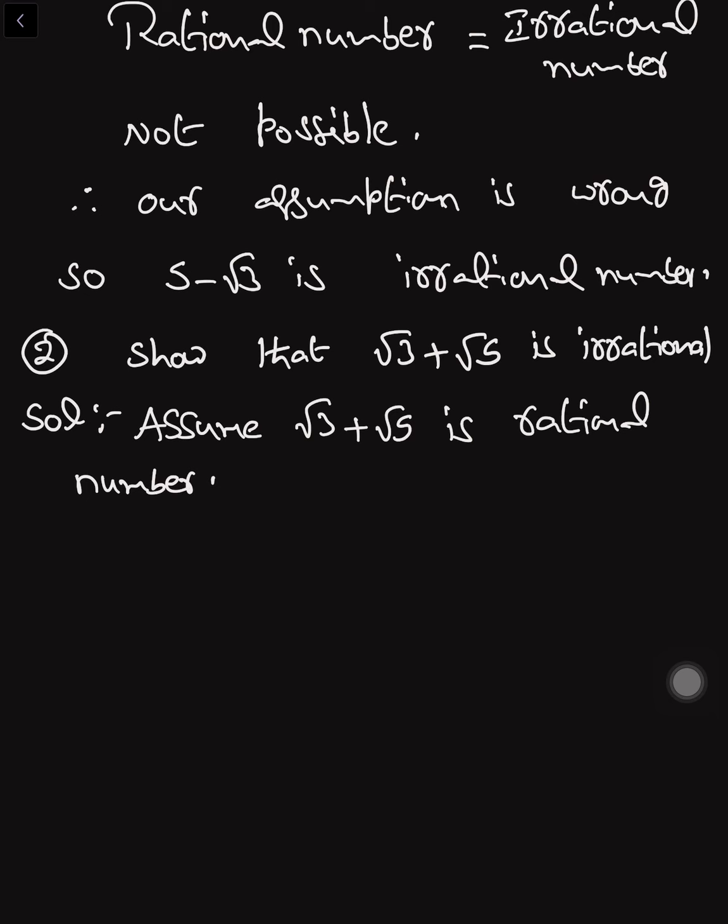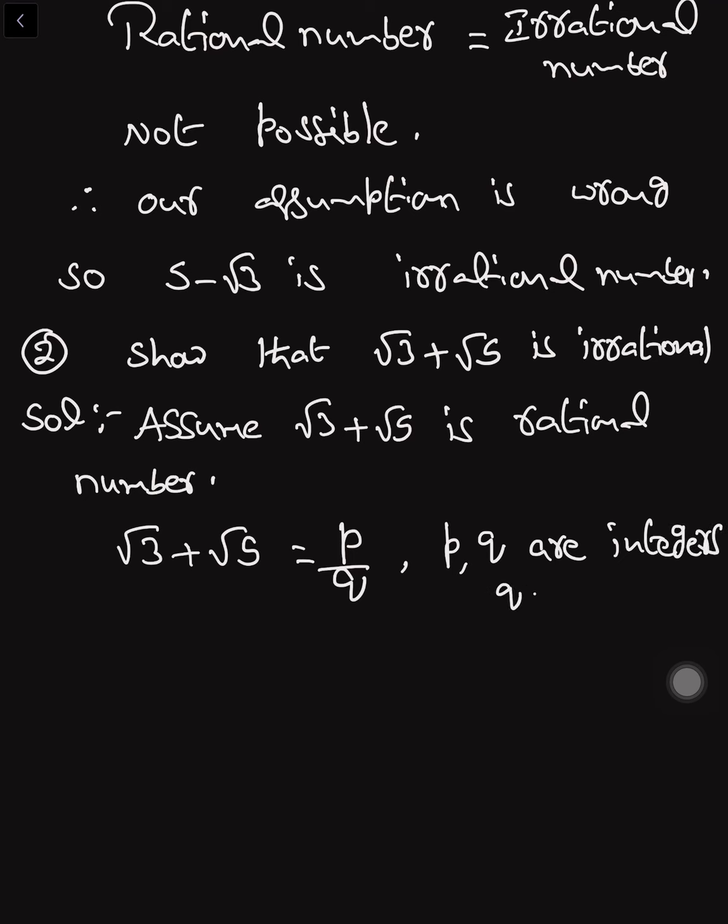I am taking here root 3 plus root 5 is equal to p by q, p comma q are integers, q is not equal to 0.